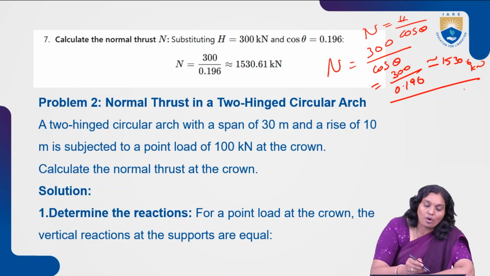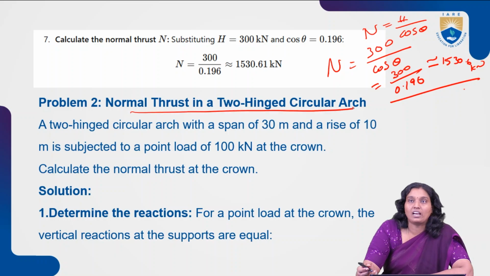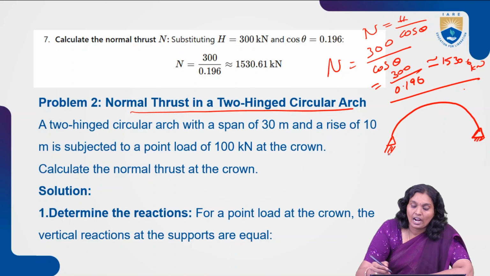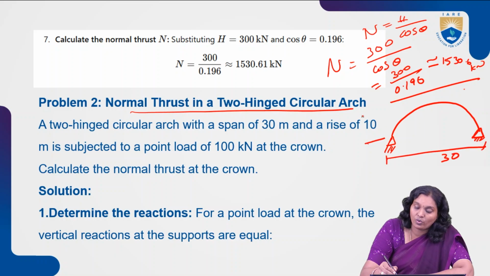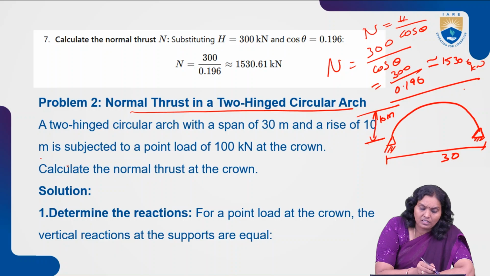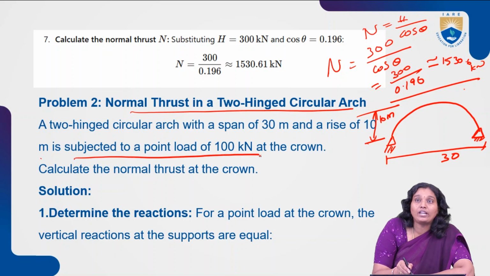And one more normal thrust problem, in a two hinged circular arch. Here, in the two hinged arch, there is no support at the crown, and the overall span is 30 meters. The rise is from here to here, that is equal to 10 meters, and it is subjected to a point load at the crown.